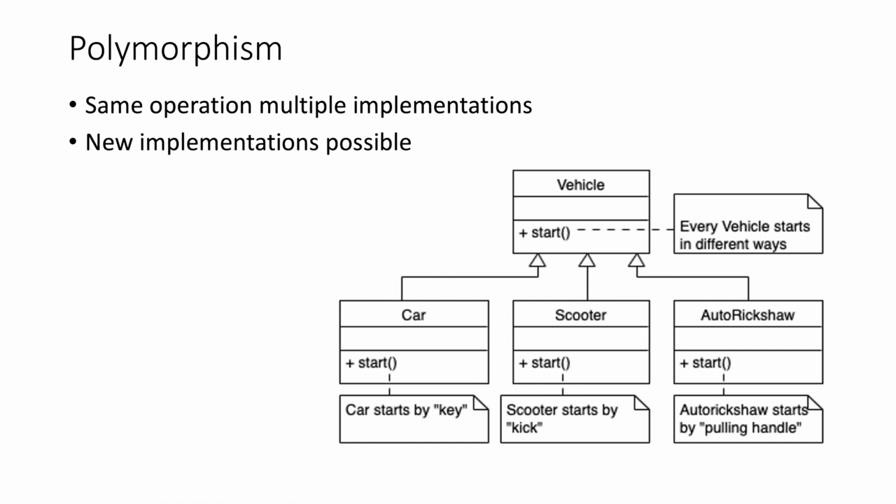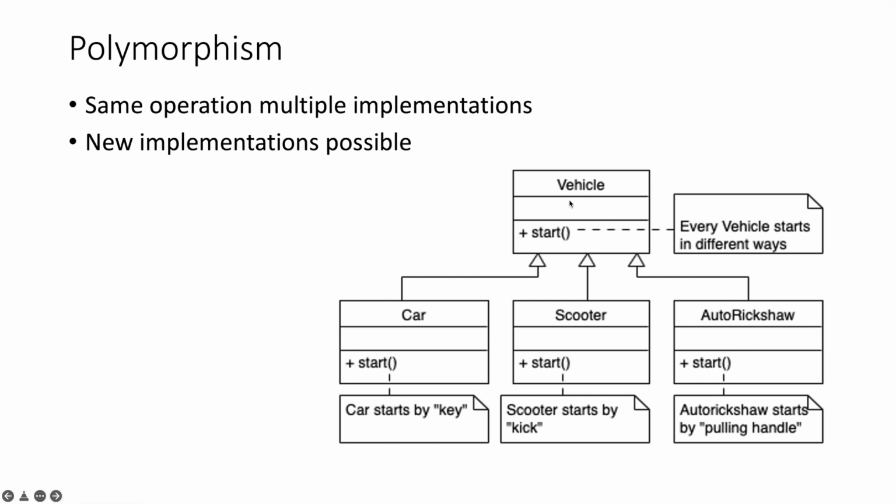And you will observe there is generally no requirement of making an instance of a base class. You will find an instance of a base class is never required because you will never see new vehicle, because there is nothing called a vehicle. You may say new car, new scooter, new auto rickshaw.